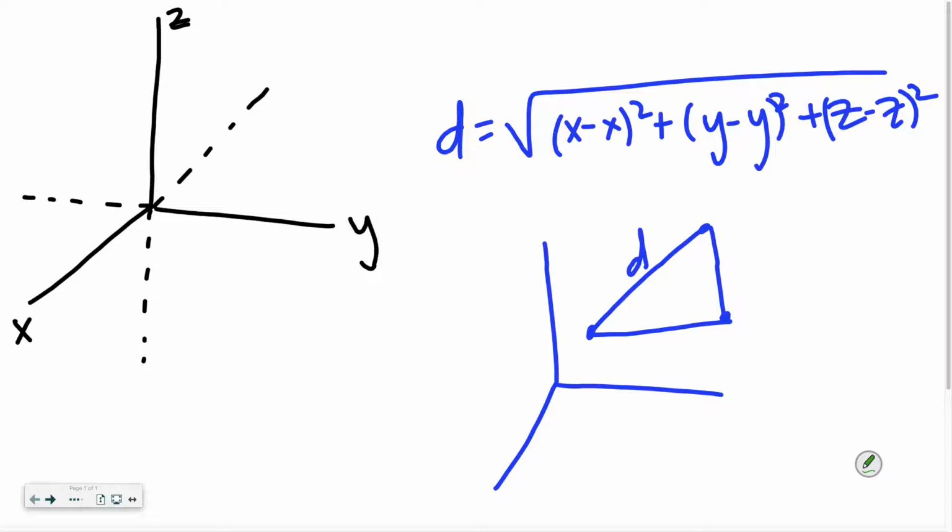We can calculate, since these 2 live in the same plane, the distance between these 2 like this, because the z coordinate didn't change. And then this distance here would be the absolute value of the difference in the z's. Well, now we have the Pythagorean theorem that would result in this up here. Pythagoras. Yeah.